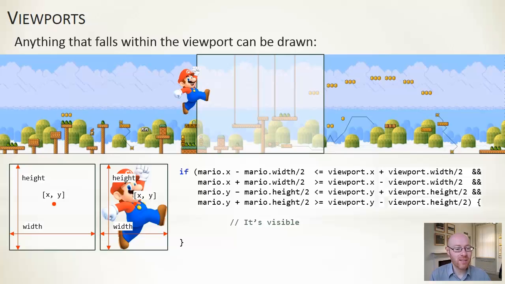The first test down here: if the x-coordinate of Mario minus half of Mario's width, which is his left-hand side, is less than or equal to the center of the viewport plus half of the width, which is the right-hand side, then Mario is potentially visible. If that condition wasn't true, then Mario is somewhere off to the right, outside of the viewport. So we have 4 if statements, and if all of them are true, Mario must necessarily fall within the viewport.